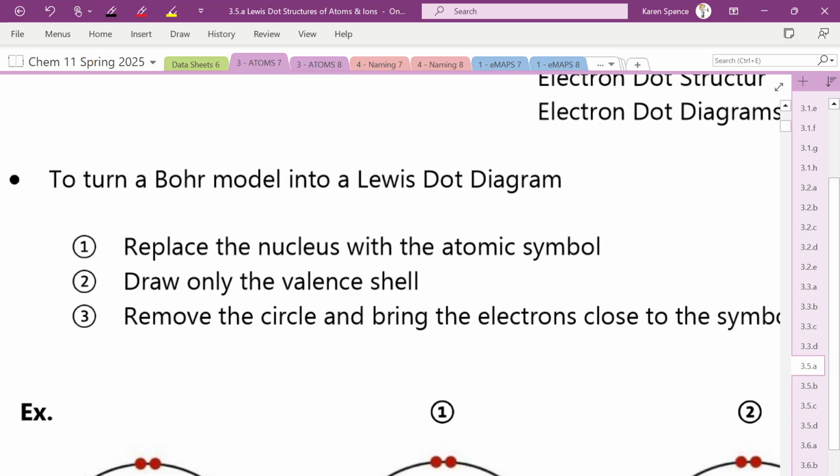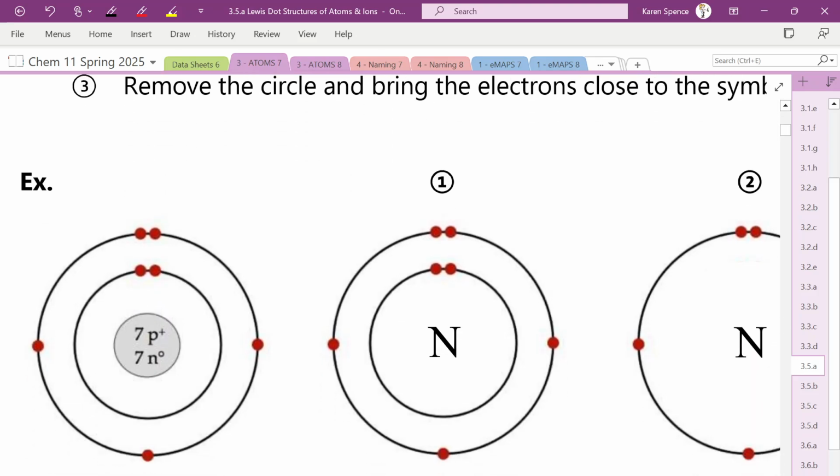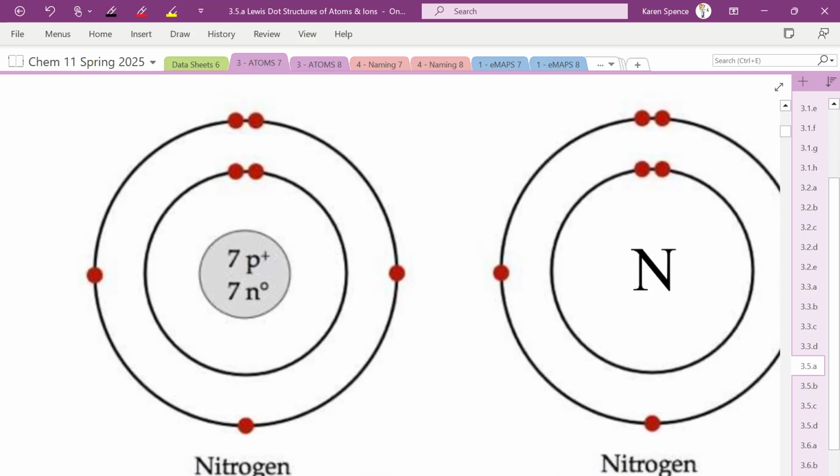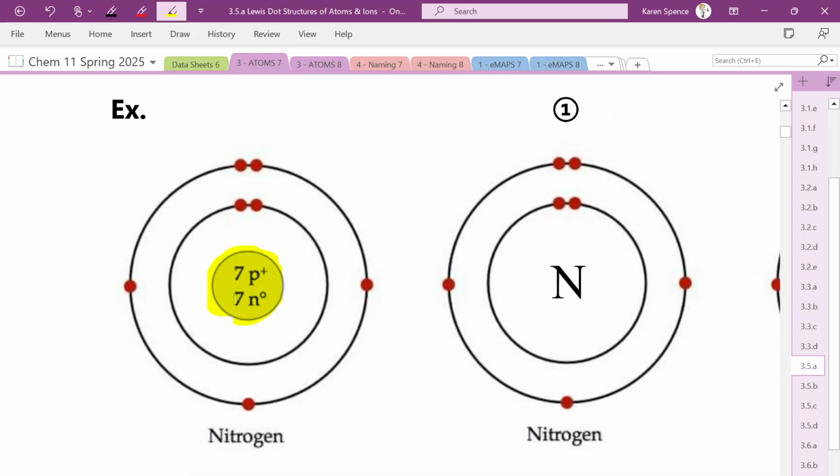Here is how we turn a Bohr model into a Lewis dot diagram. First, we take our nucleus, which normally would contain our protons and neutrons, and we replace it with the symbol for that element. This is nitrogen because it has 7 protons.